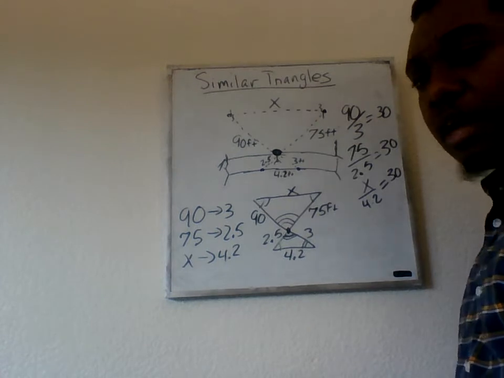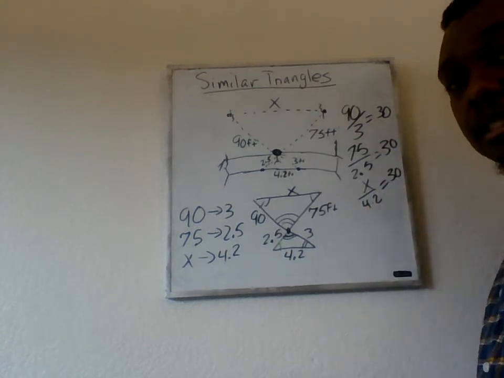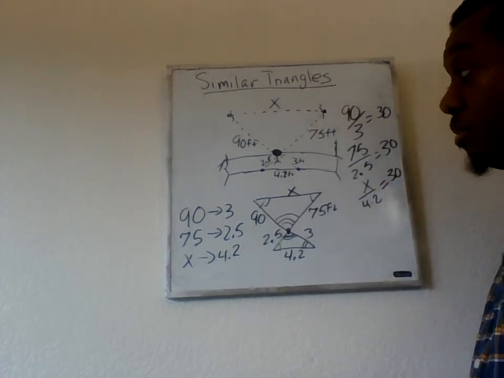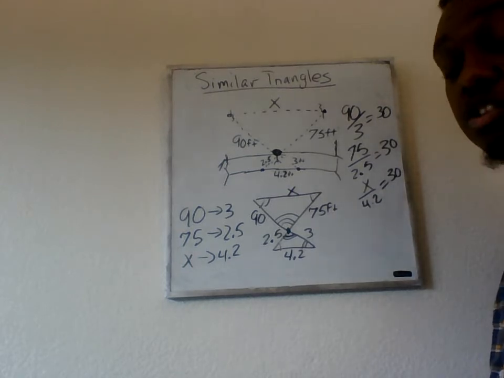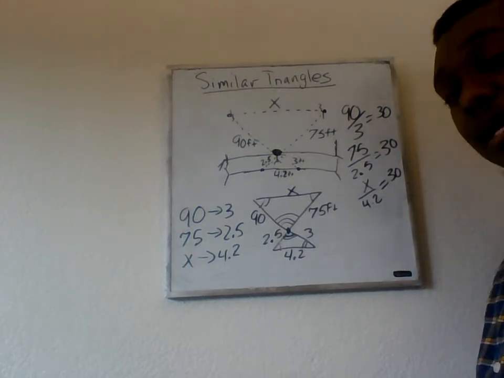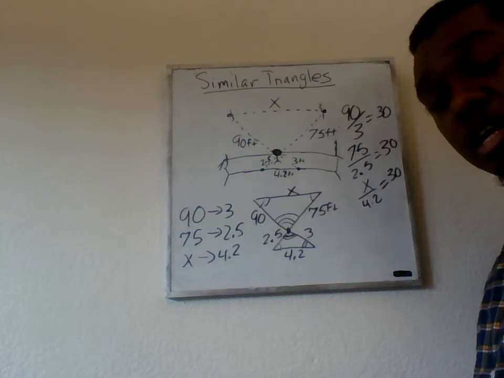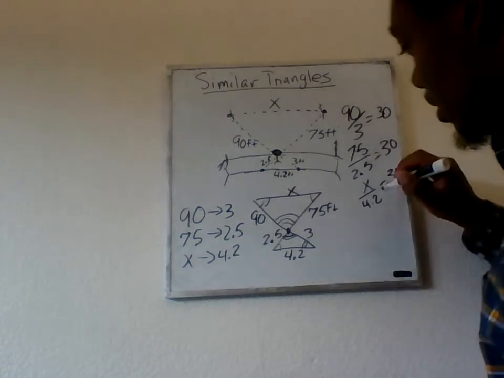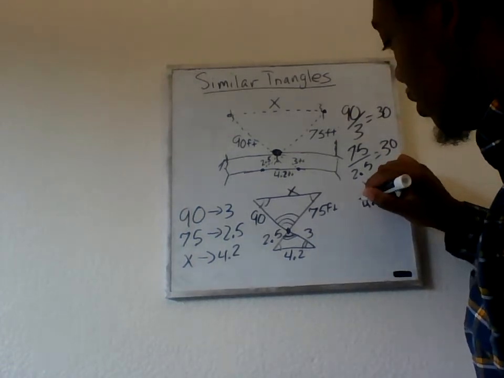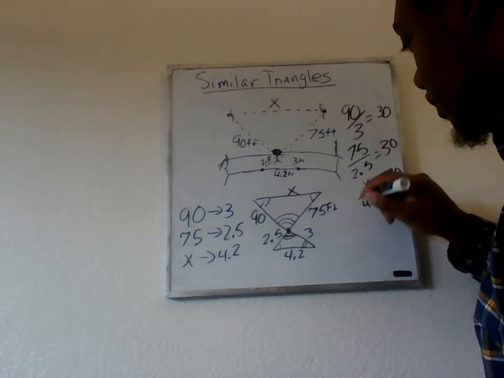Well, how can we solve for x? We set up this proportion equation using the proportionality constant. So we know that x divided by 4.2 should equal 30. How would you solve for x? Well, we would multiply both sides by 4.2.